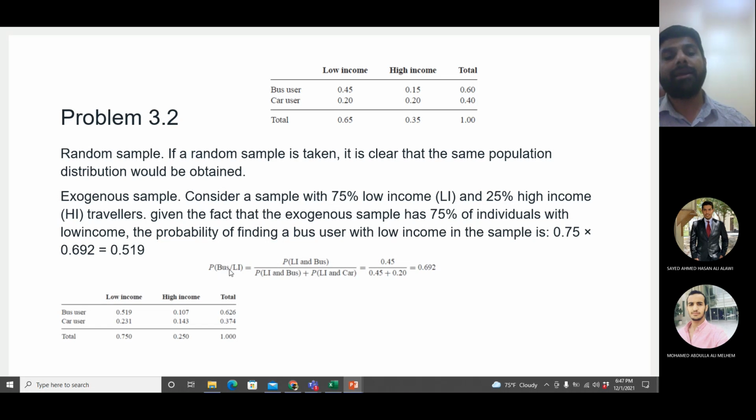So you can see it over here, probability of low income and bus. The intersection is 45%, so 0.45, divided by the total probability of being low income, which is 65%. So 0.45 upon 0.65 will give you the conditional probability that a person will choose bus provided that he belongs to the low income group. Now this is for the entire population, not for a sample.